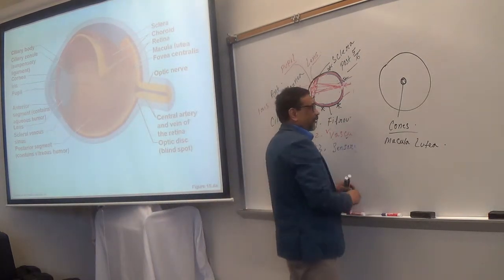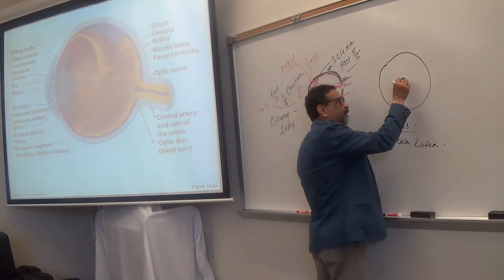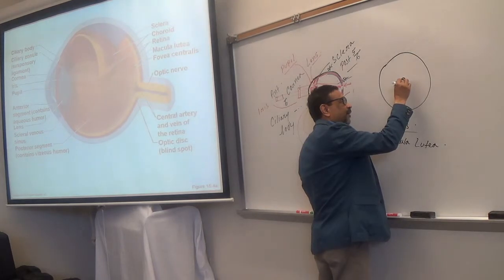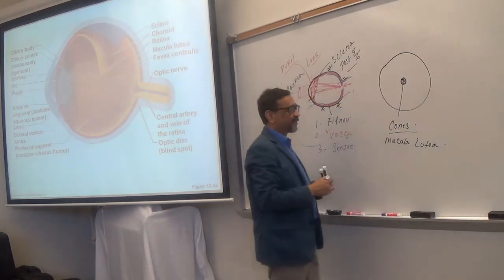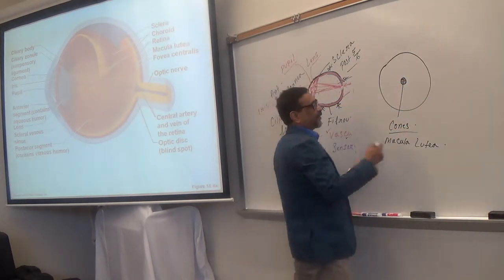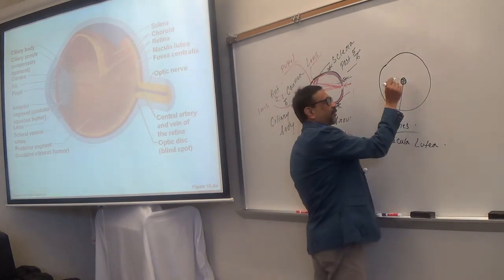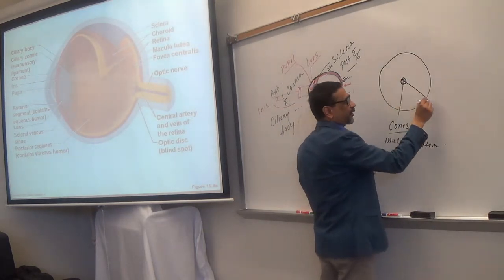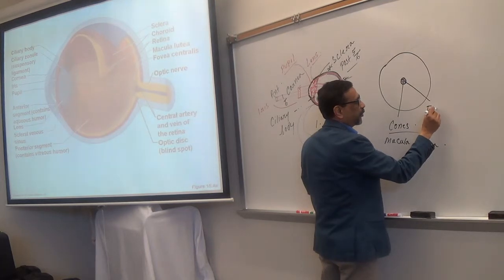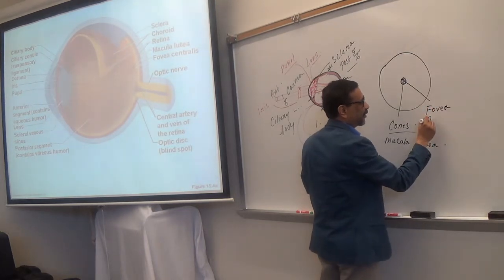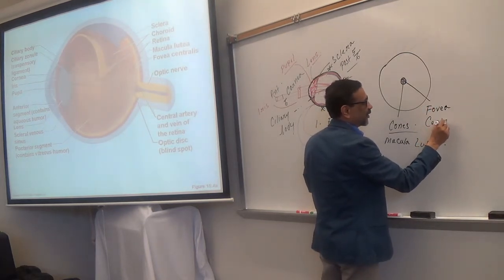And the very center point of the macula lutea is called fovea centralis. So this pointed very center part is called fovea centralis.